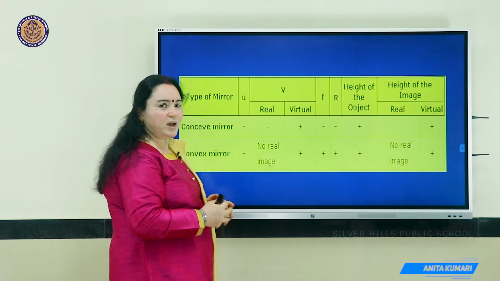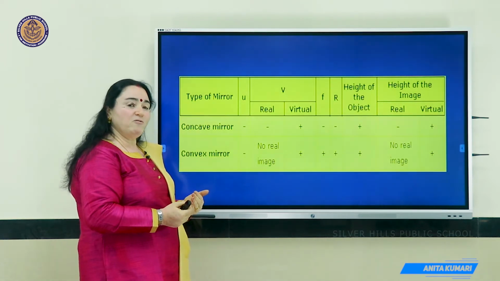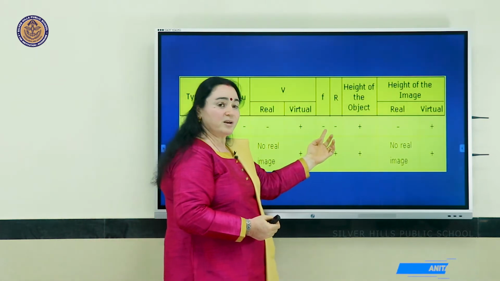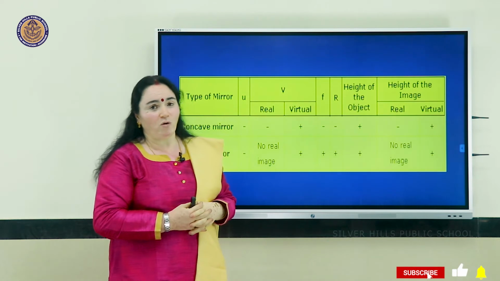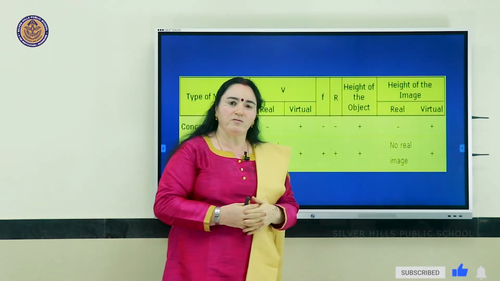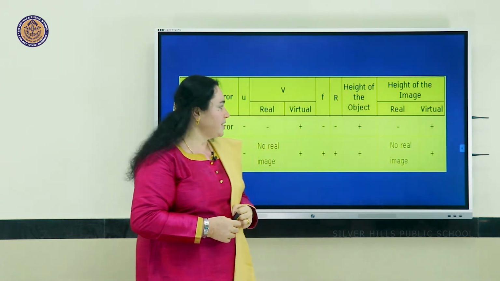Similarly, checking for the focal length. We have seen in the previous classes that the focal length of a concave mirror lies ahead of the mirror, right? So obviously, a concave mirror will have a negative value of the focal length. And twice the value of the focal length is your radius of curvature. So there's only a change in the magnitude, the sign remains the same.